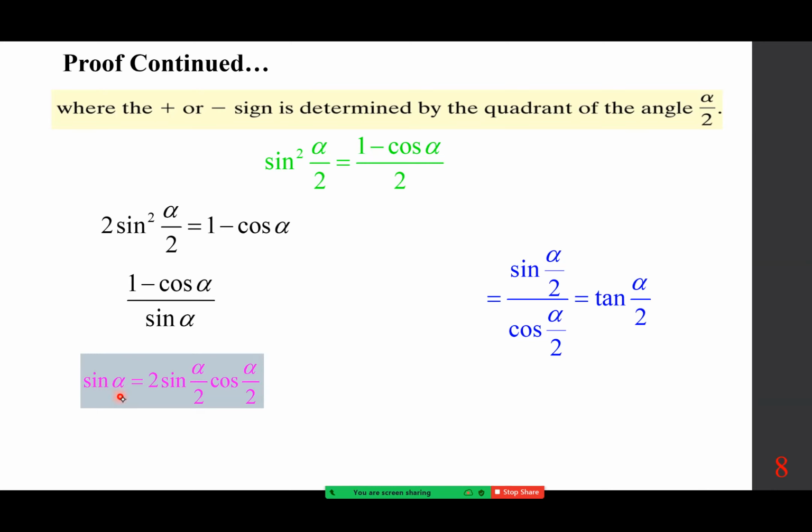Also, sine of alpha is 2 sine alpha over 2 cosine alpha over 2, because sine of 2 alpha, let me write that for you, everybody remembers, we just proved that sine 2 alpha is 2 sine alpha cosine alpha. And if I cut this in half, I get alpha. Then I have to cut this one and this one in half. I get alpha over 2 in each case.